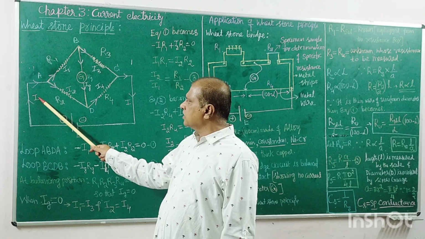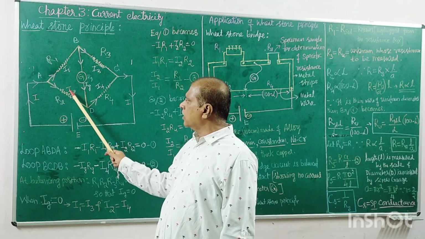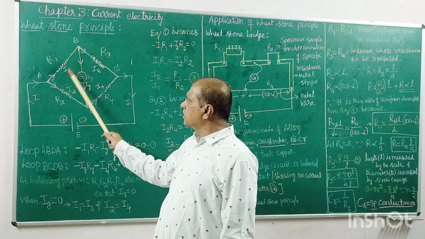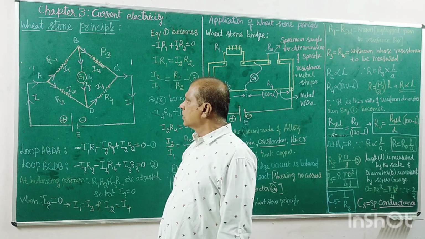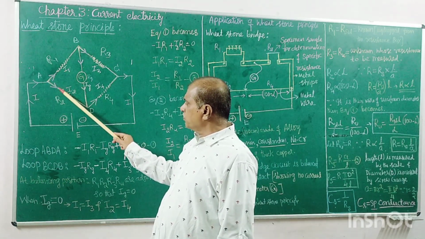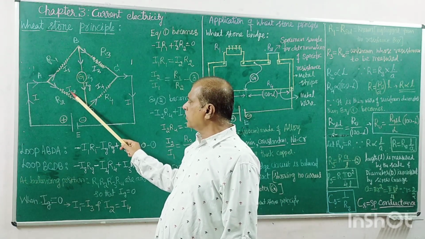So this current is divided at this junction into I1 and I2. I1 is the current flowing through this resistor, I2 through this resistor, so the current is divided into 2 branches in different amounts.